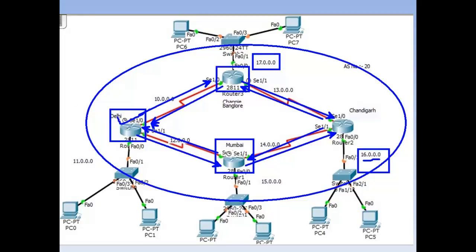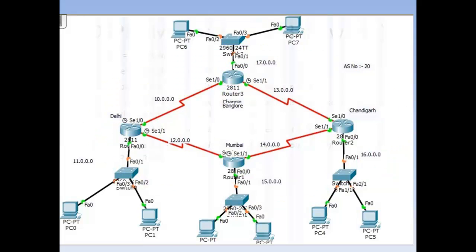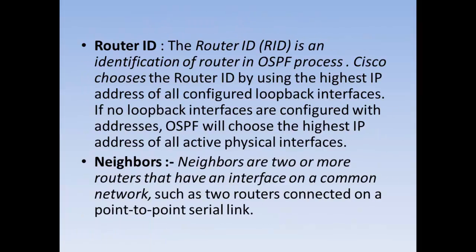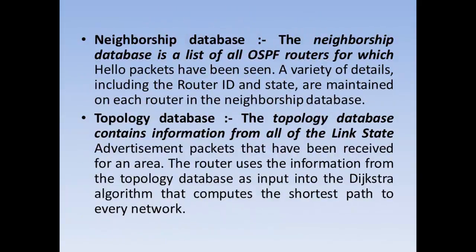Now this particular router has two paths to reach from here to here and here to here. So it maintains both the paths. Yes, I know about this router via this path also and via this path also. So it keeps all the paths in its database. That is known as the topology table.